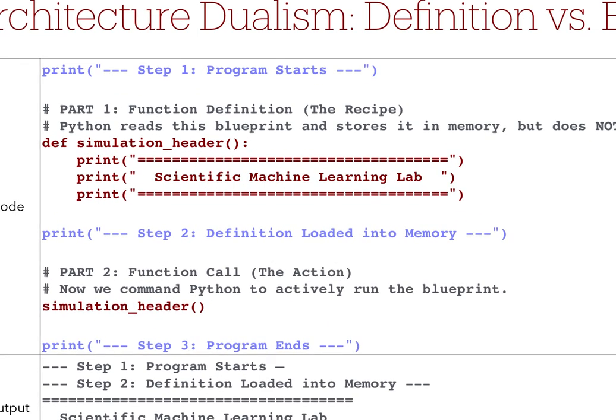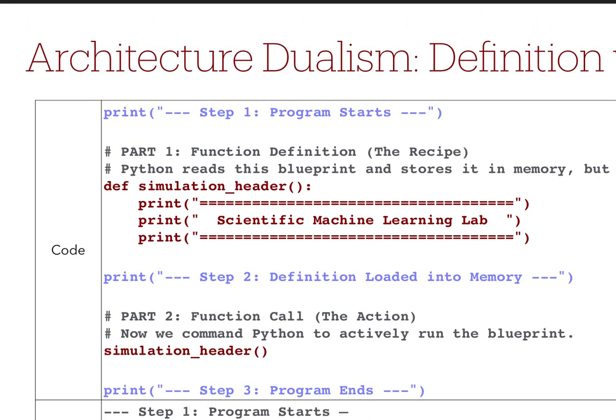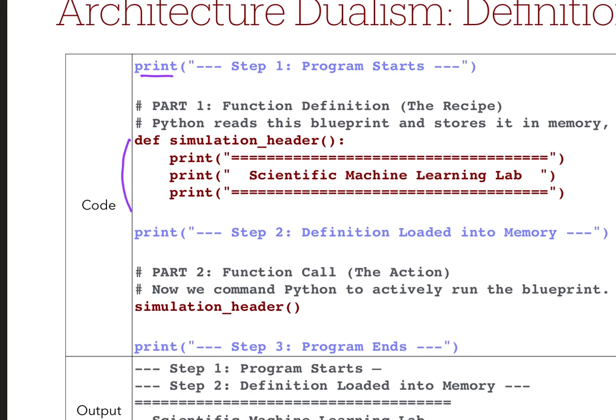This is an example. My code consists of one print line, then here is the definition of a function, which I will explain in a moment in the next slide, and then I have another print function.